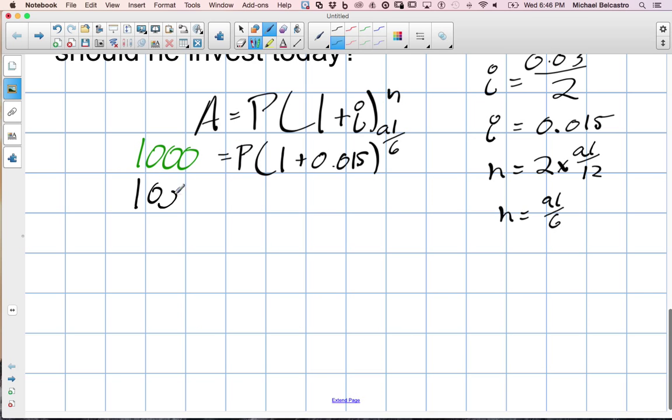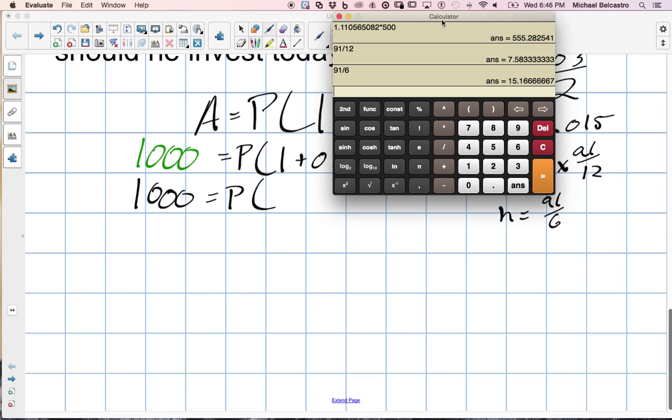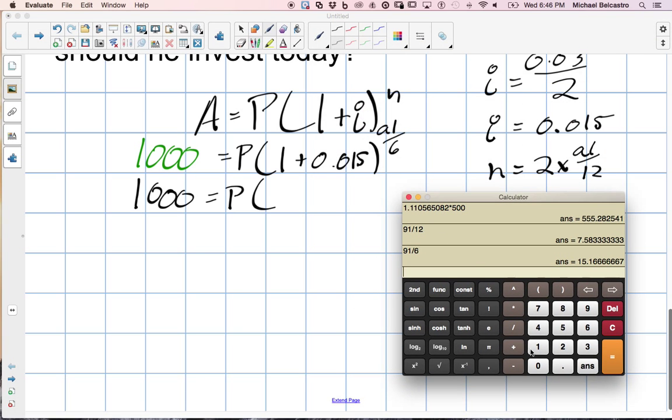So we'll calculate what's on the right, and put it to some decimal amount. This is 1.015 to the power of the fraction 91 over 6. So we got a value now, 1.253-ish.